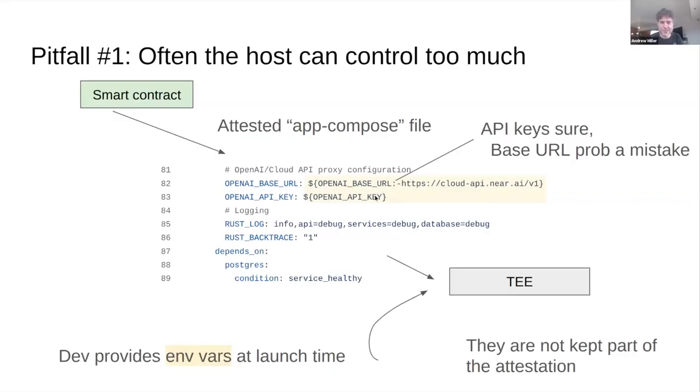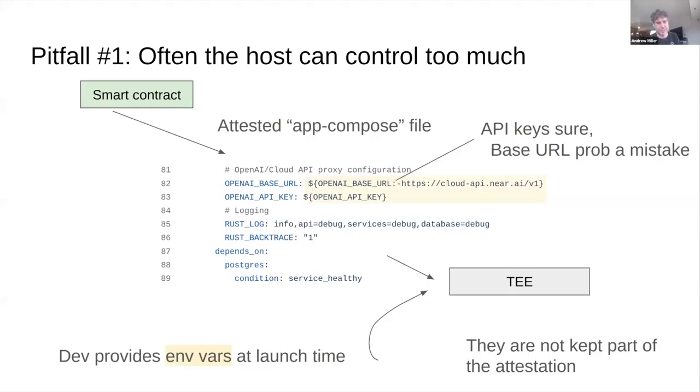I don't know if I'm saying this in a super clear, concise way, but basically, putting API keys as encrypted environment variables usually makes sense. Putting anything that changes the functionality and changes the trust surface of what your application does is usually a mistake. And again, this isn't a security vulnerability per se.